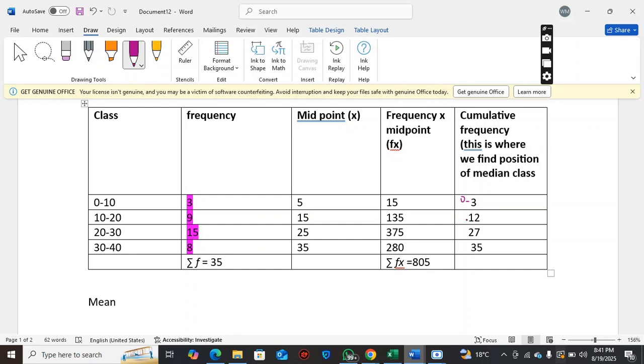We can't find the 17.5 position there. Our next class is from 4 to 12. You won't find the 17.5 position there. The next one is from 13 to 27. This is where you find the 17.5 position, in this range.